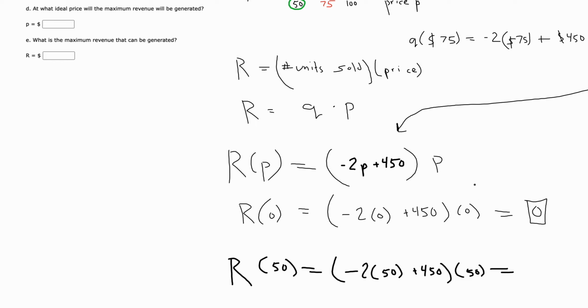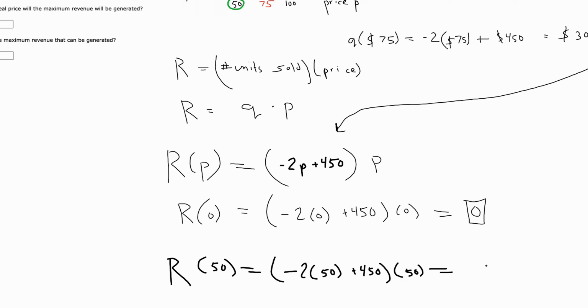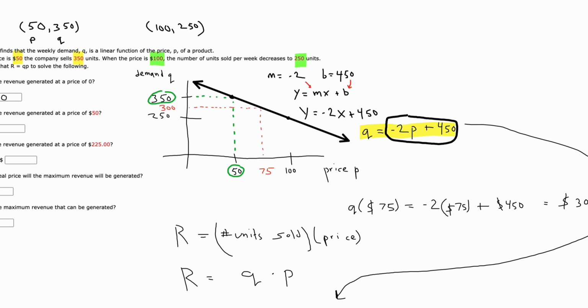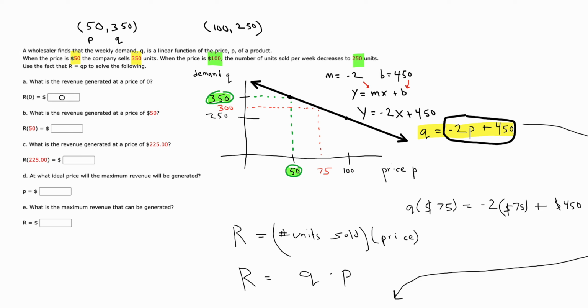And let's see what we get from that. I get 17,500. An even easier way to get that answer, though, would be to simply multiply the number of units sold times the price that they sell at. So just 350 times 50. And that gives us 17,500.